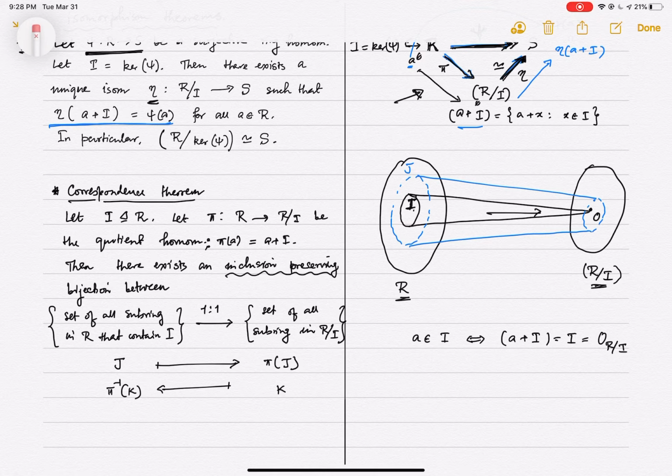You can take a more complicated ring and break its study into two parts. You can study what was happening inside I, and then you can study what was happening above I by going to the quotient ring. And this makes a lot of induction arguments work and so on. So it's a rather useful thing.